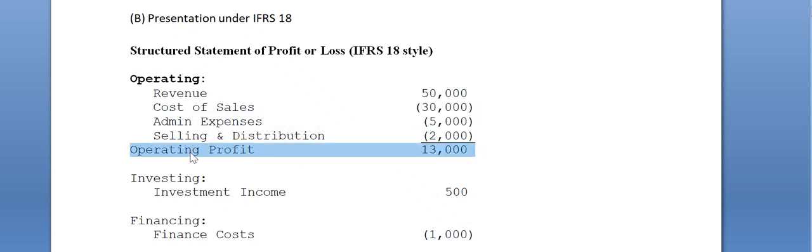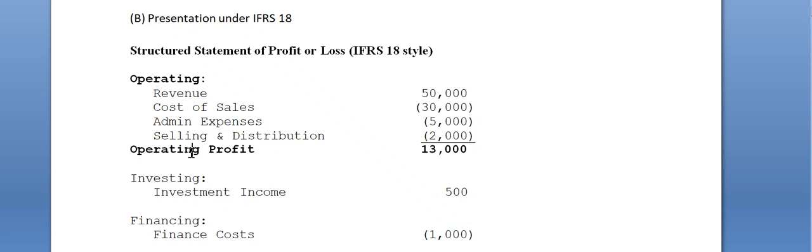Under IAS 1, if you don't put operating profit, nobody will penalize you. But now it is mandated that you must recognize operating profit. Operating profit simply tells us what you have done with the available income and the expenditures that you have made. What you have done with the available income, the turnover you have made. It tells us the revenue you have generated, as well as the expenses that you have incurred.